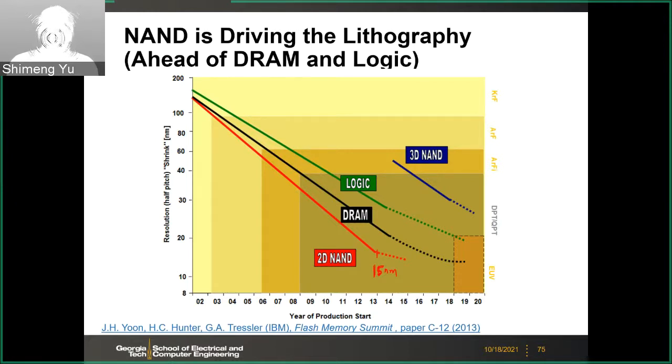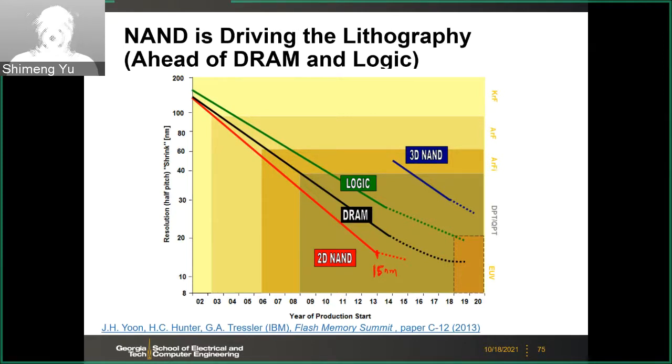There's no 5 nanometer or 3 nanometer on any structure of the chip in logic. But for NAND, if it's 15 nanometer NAND flash, that means the smallest feature size is really 15 nanometer. So this is the end of the 2D NAND scaling around 2013-14.